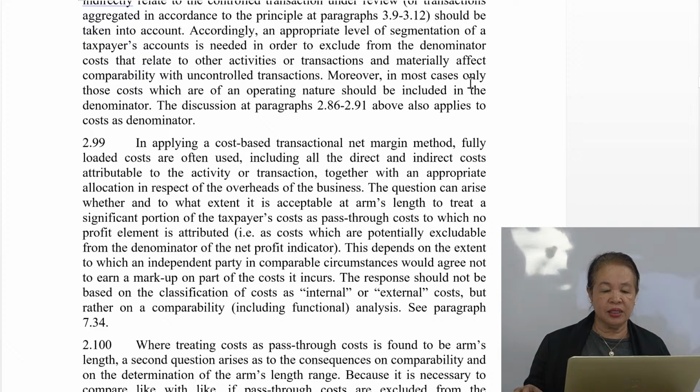Moreover, in most cases, only those costs which are of an operating nature should be included in the denominator. The discussion at paragraphs 2.86 to 2.91 above also applies to costs as denominator.